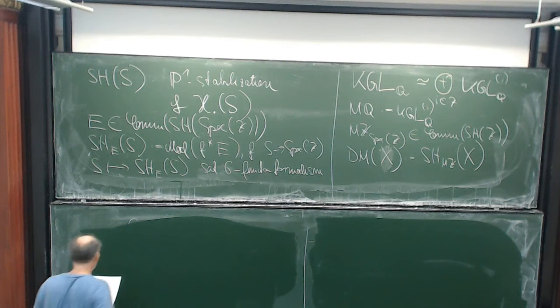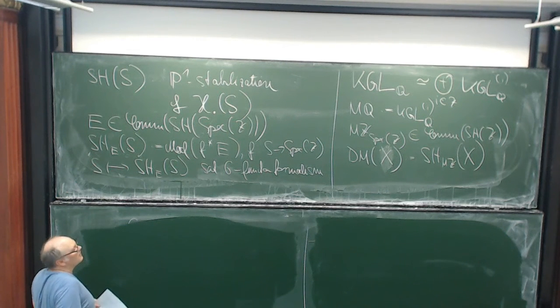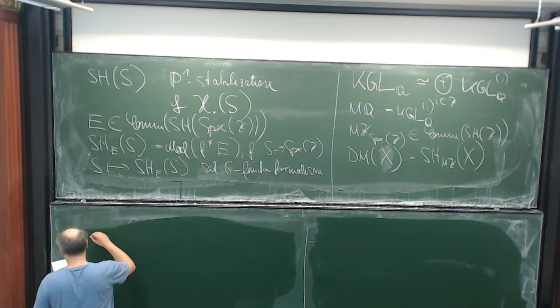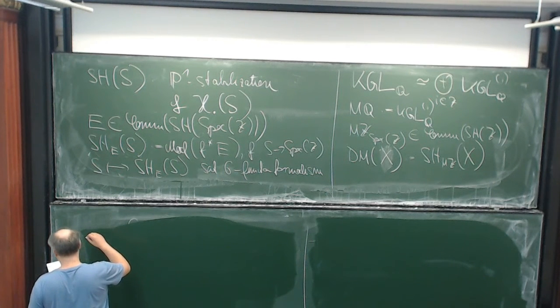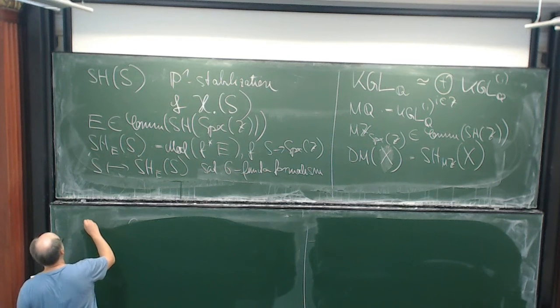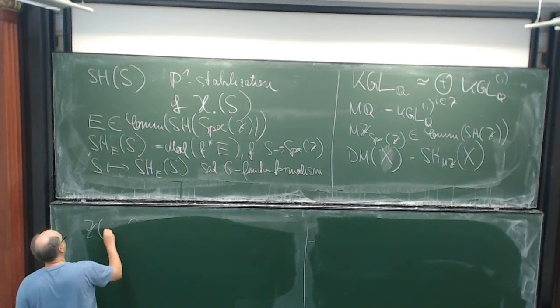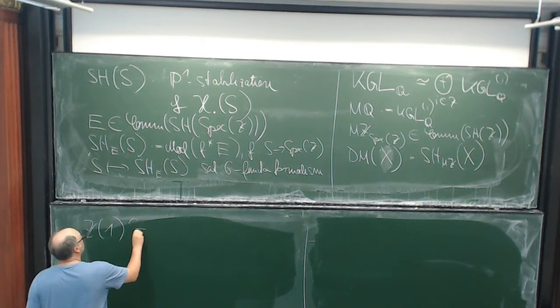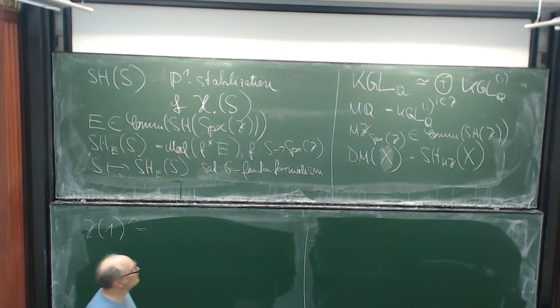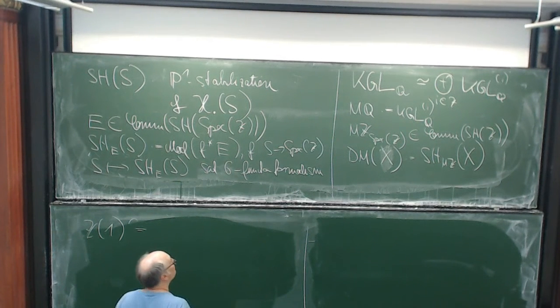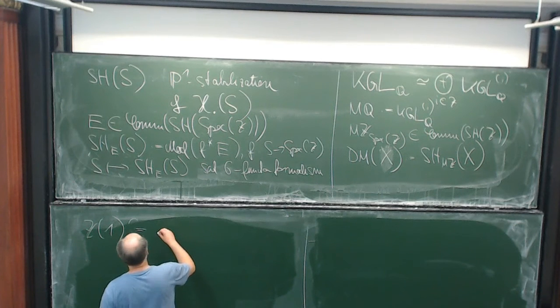So now I think I define motivic homology, so to say. I first introduce the Tate object, C of 1, for example. This is nothing else but, so to say, the motive of the pointed P1 shifted twice back.